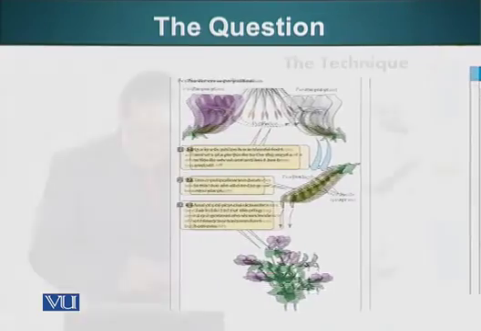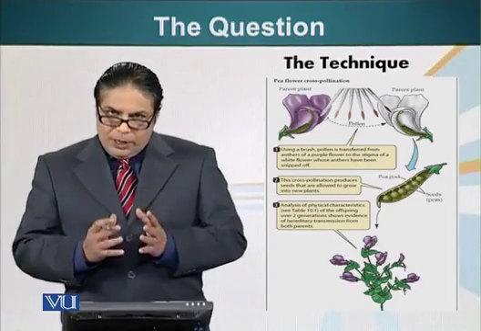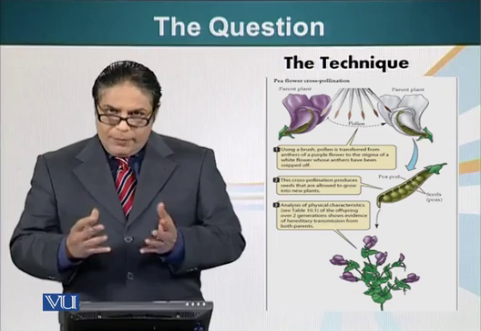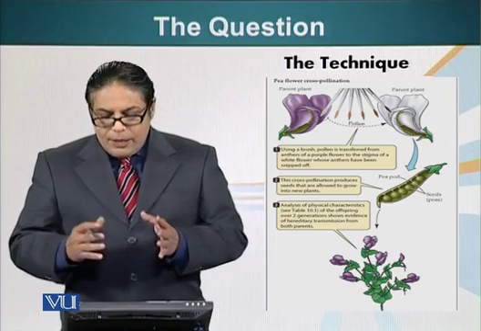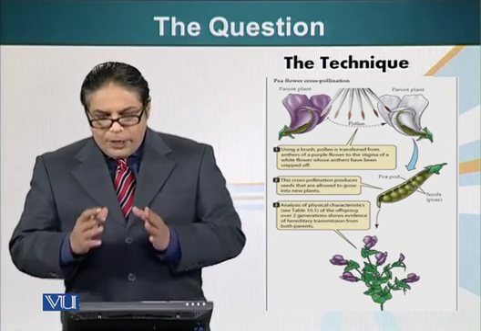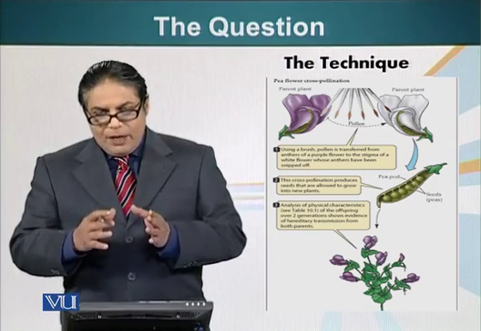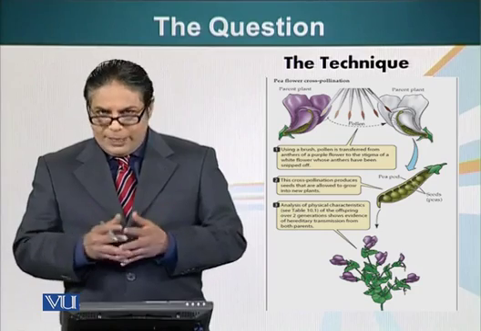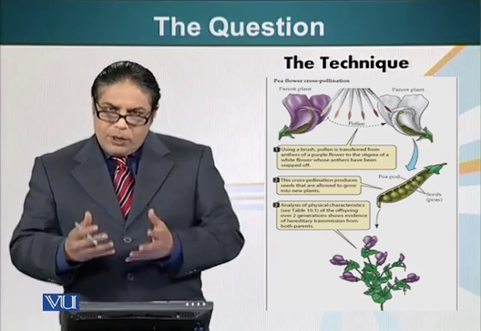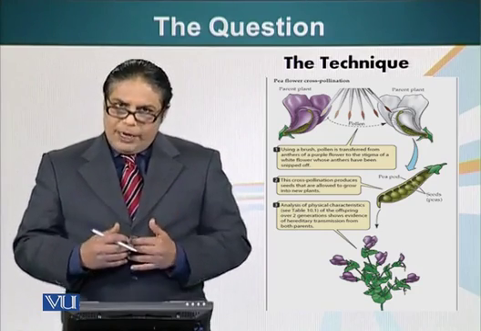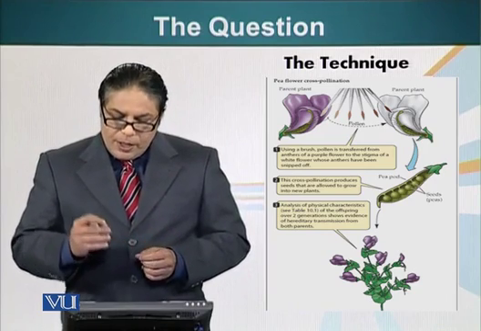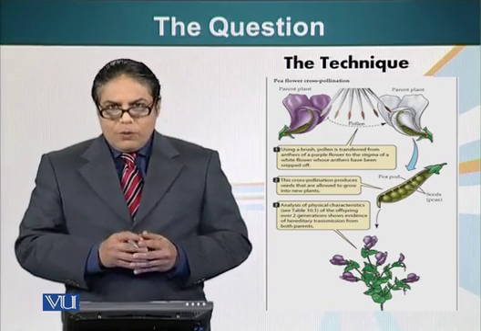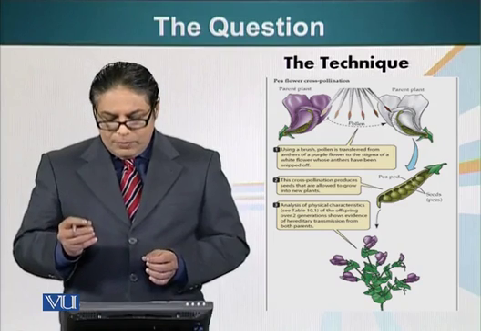So Mendel used these plants. It was easy to grow them, as I mentioned. These plants can also be controlled in such a way that if Mendel wanted, he could remove the male or the female sex organs, or he could self-pollinate the plant itself. The technique Mendel used was simple. He used a paintbrush.